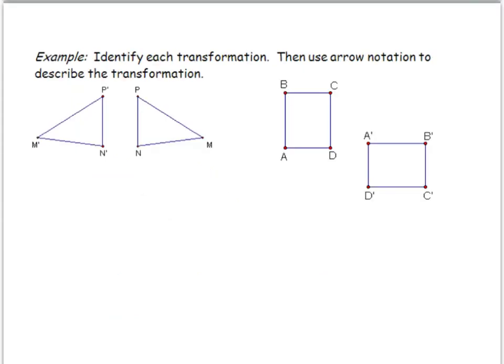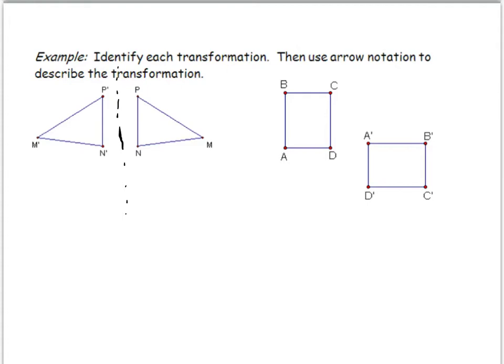All right, so these first examples, I want you to simply identify the transformation, use an arrow for notation. I would also like for you to write out the mapping for me, please. Okay, so this first one, if you take a look, you should notice that this is actually a reflection. There's actually a line cutting down the center here that's reflecting my pre-image to my image.